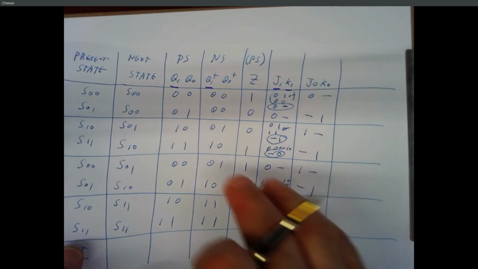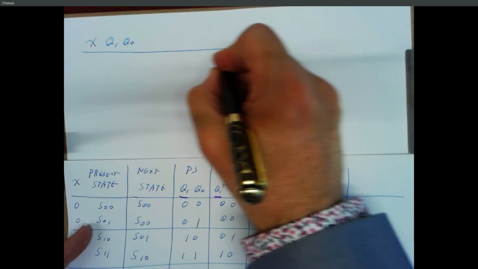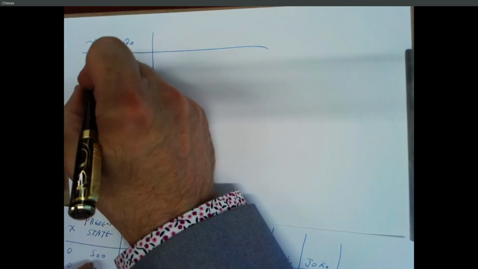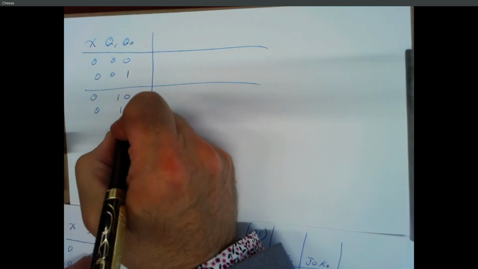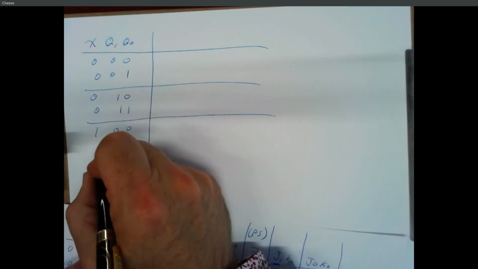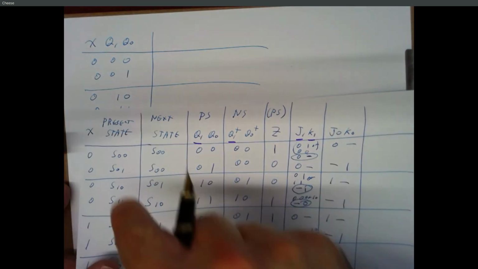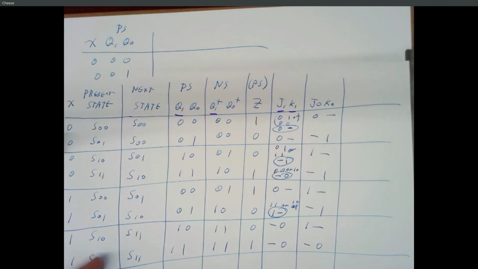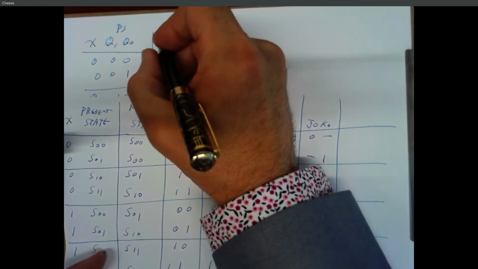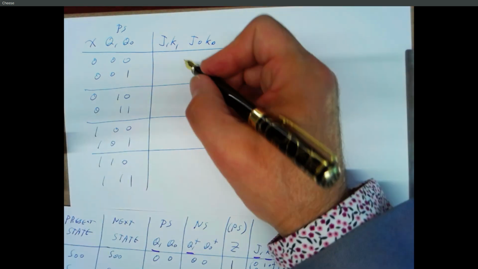All right, let me clean up this table to highlight what we actually care about. We care about the input and the present state. And we're going to build circuitry to generate J1, K1, J0, and K0.